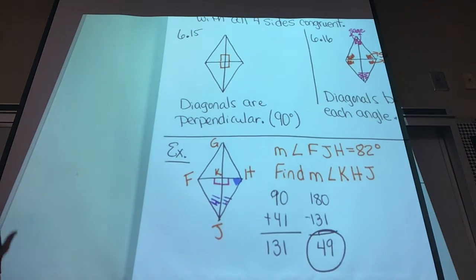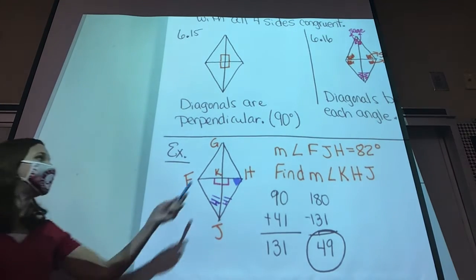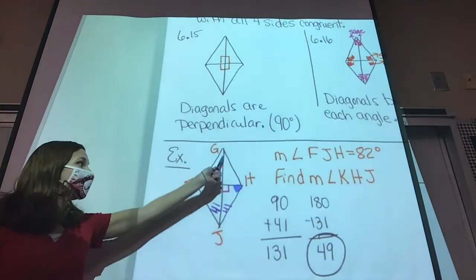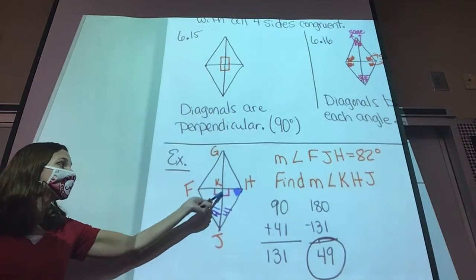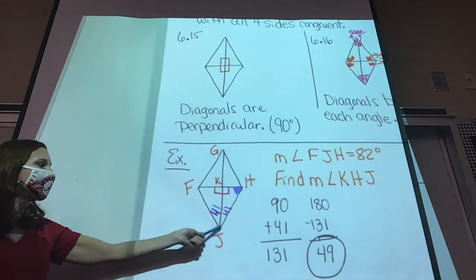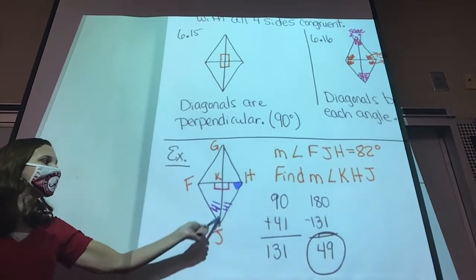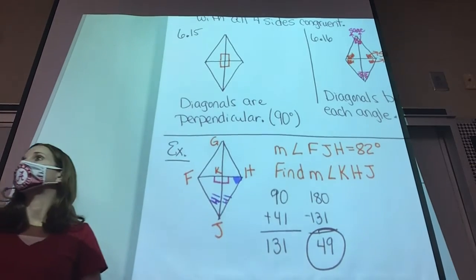If they give me any angle, I automatically know these are 90 in the middle. So if they tell me anything about these outside angles, I can do this on any of them.